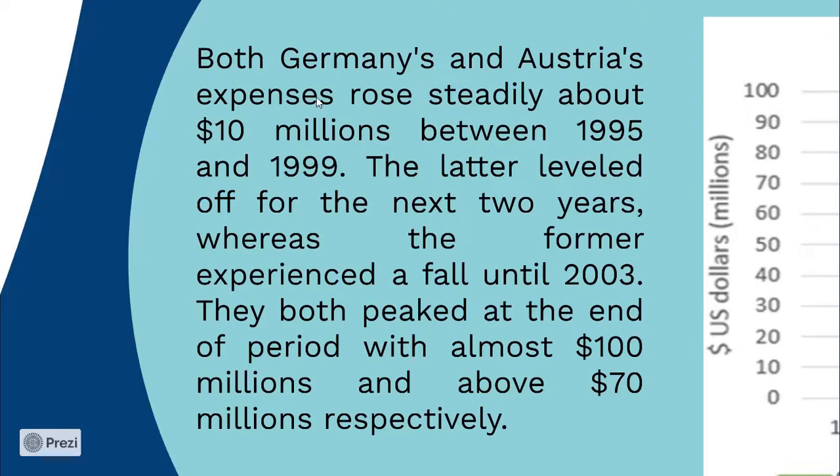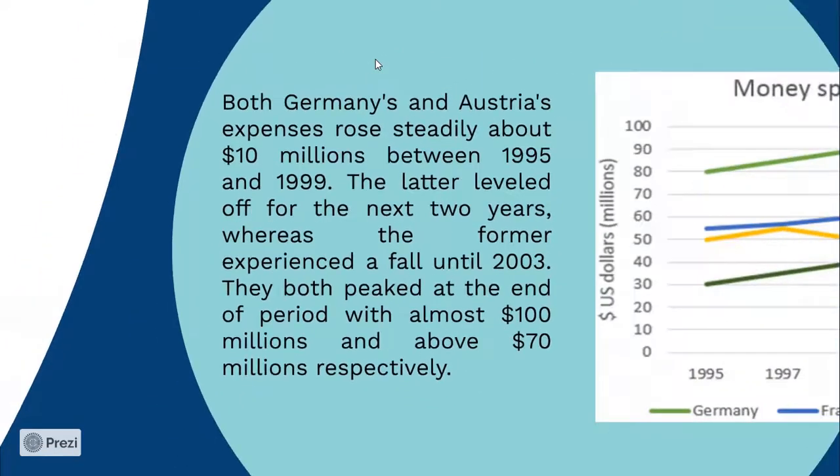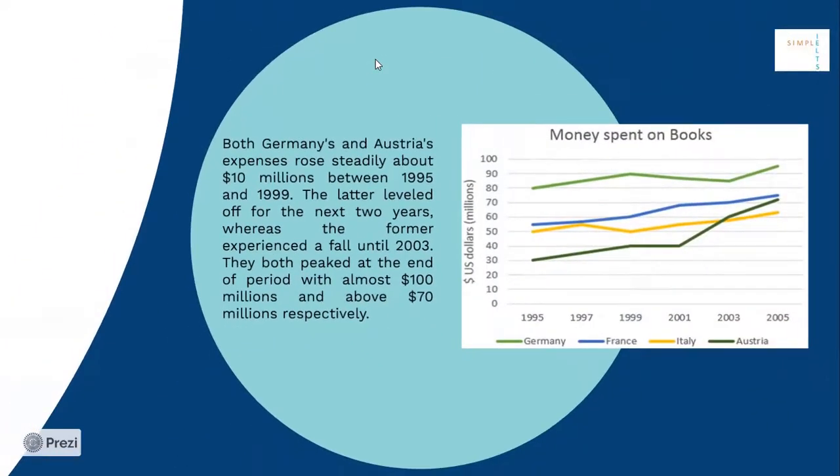If in the first sentence we already talk about two different things, for example, Germany and Austria, and in the next sentence we want to talk about them again, we can replace the words with the former and the latter. The former is for the first subject, and the latter is for the second subject. So the latter refers to Austria and the former refers to Germany. Okay, so that's an example of how we write body paragraph 2.